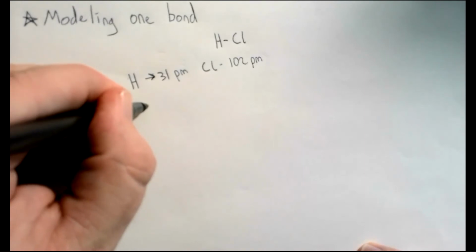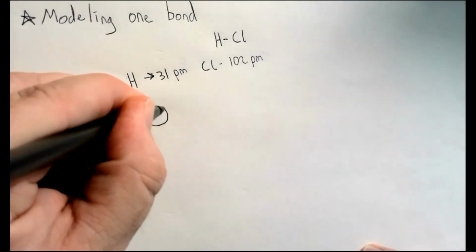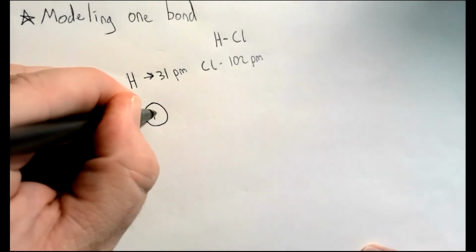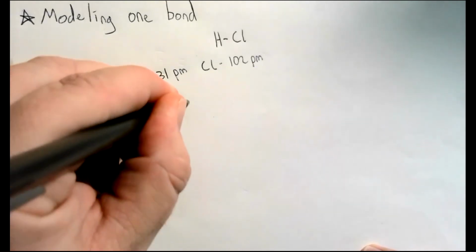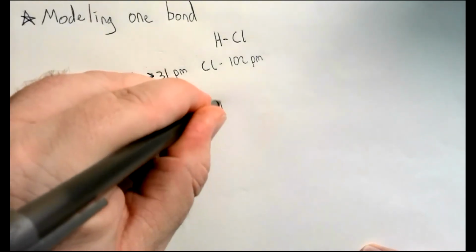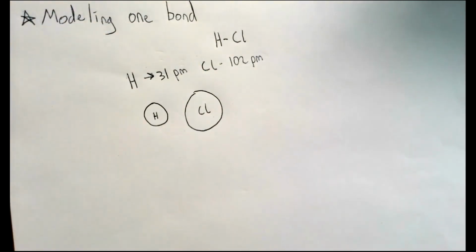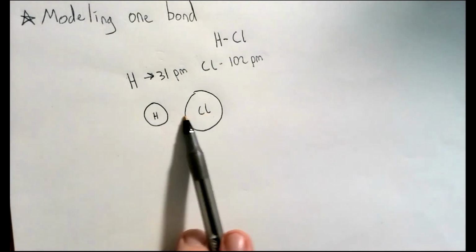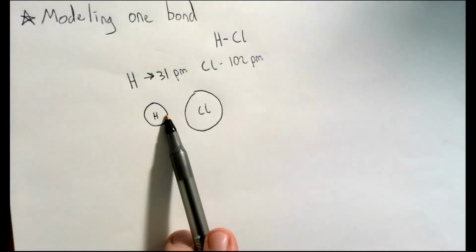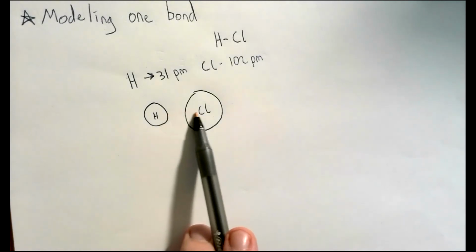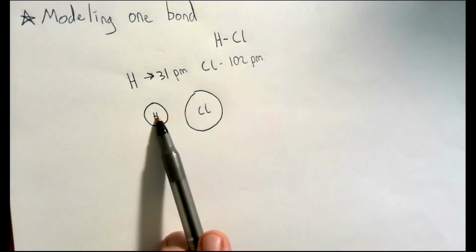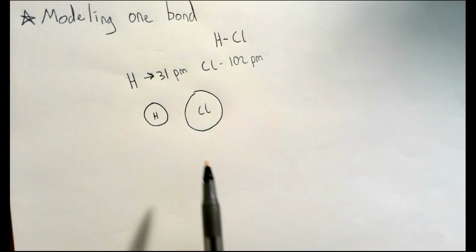So even so, I'll get my H and I'll get my Cl. So I've got my 2 atoms here, and instead of drawing in the atomic radius, I'm going to think about how big their bond would be. And this is where it gets not really tricky, but kind of cool in my opinion.